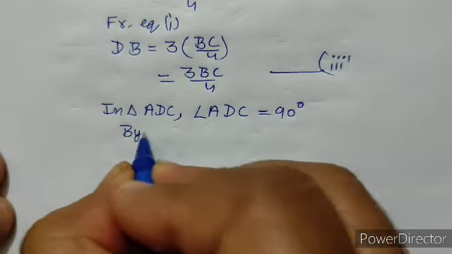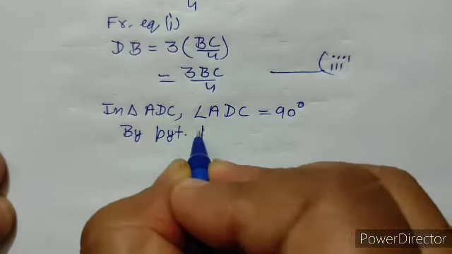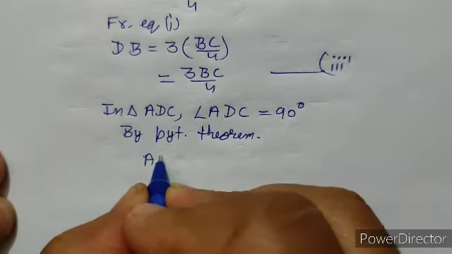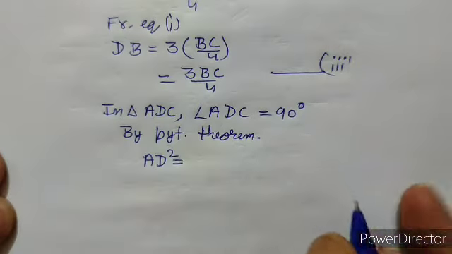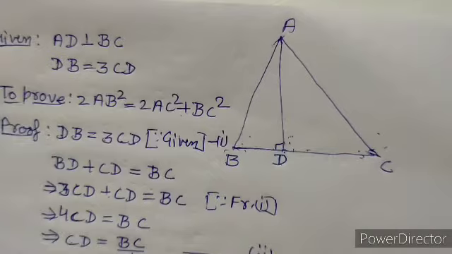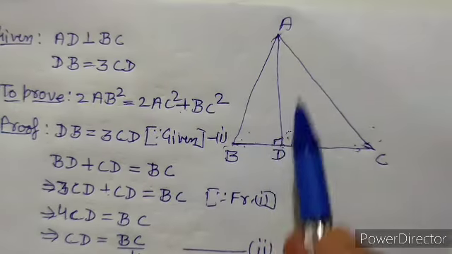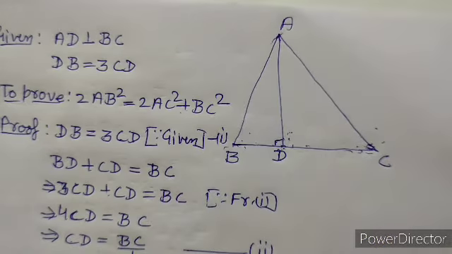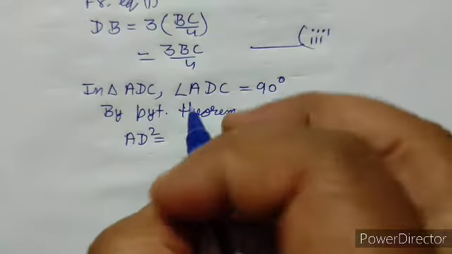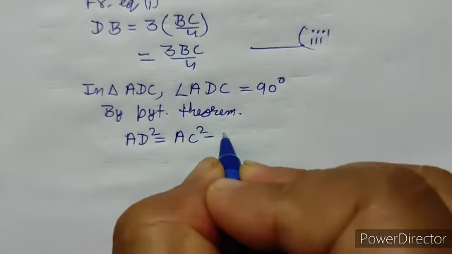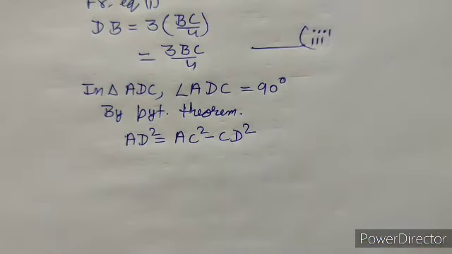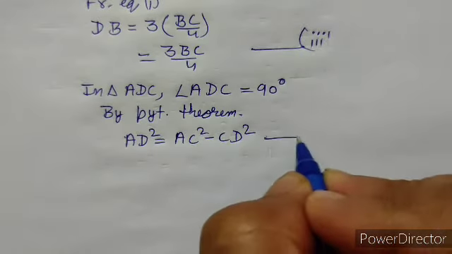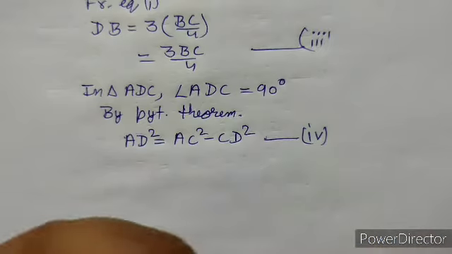So by Pythagoras theorem, we can say that AD square will be equal to AC square minus DC square, or AC square minus CD square. And this is our equation 4th.